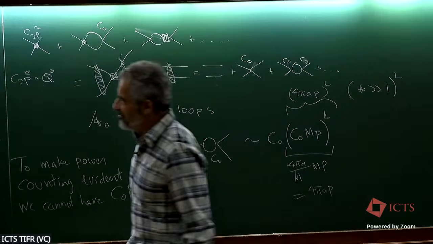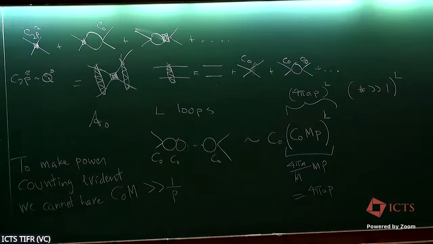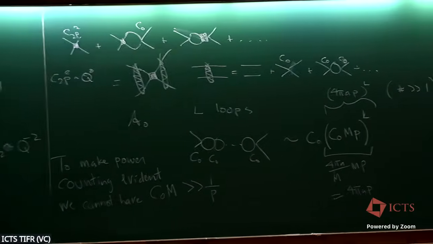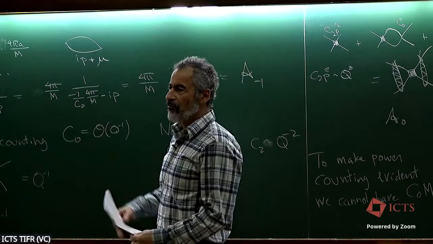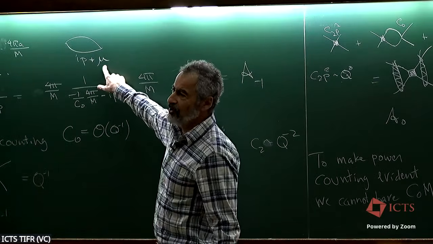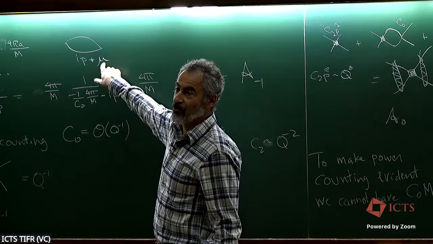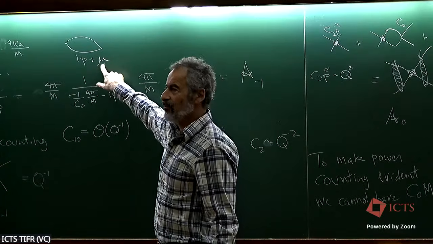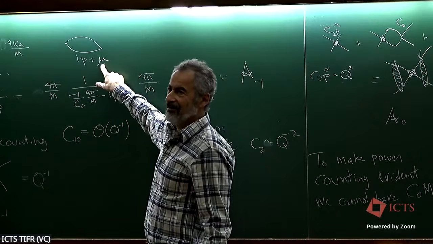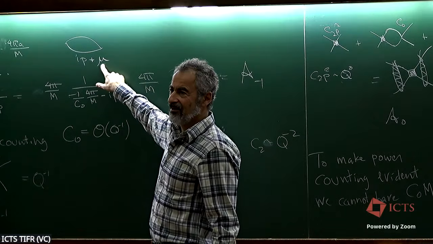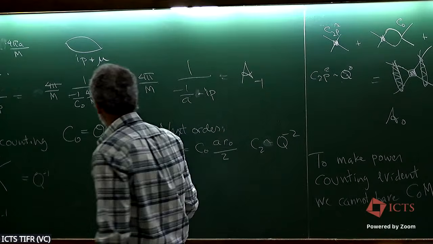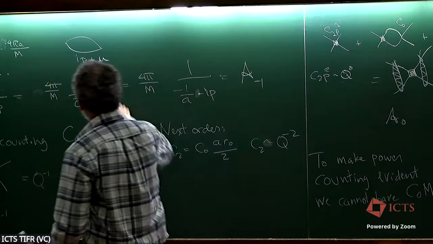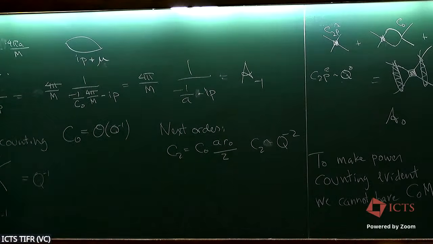And a different scheme means that instead of saying that the loop is IP, we take it to be IP plus some number, which I'll call mu. We can do a finite subtraction. We saw that already with the linear divergence. We had a lambda there. We can make it anything we want. Okay? So what we're going to do is define this with a mu.